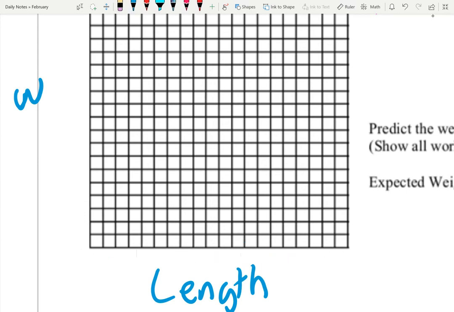Okay, let me change that. Let's start at 100 again, but let's go by, I guess, tens. So we'll go second tick mark. This will be 110. This can be 120. This can be 130, 140, 150, 160, 170, 180.